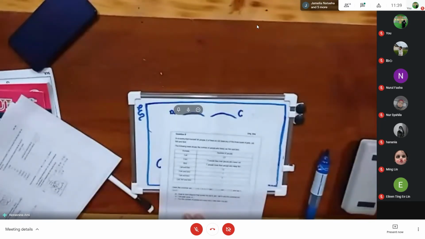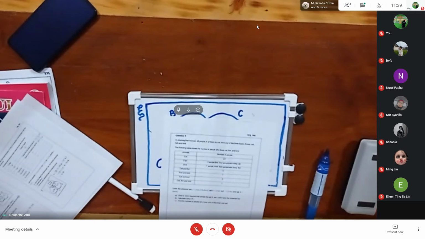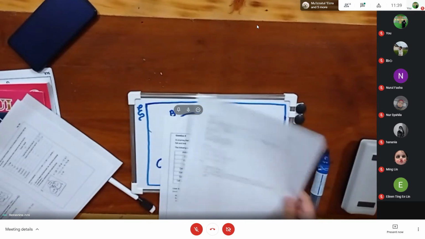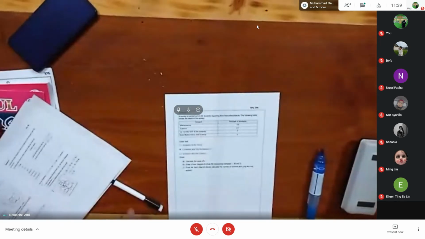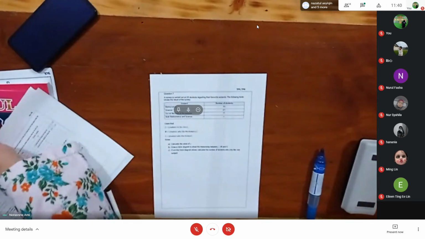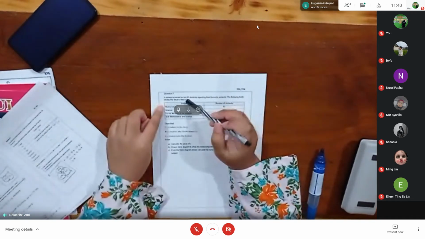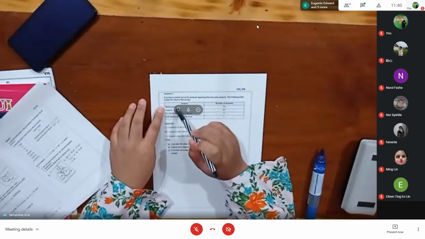Okay, there is a correction for question 7. Please do the correction. Question 7, please open your question 7. I will do some correction on that question. From the table, under the table is the subject, right? Subject mathematics.